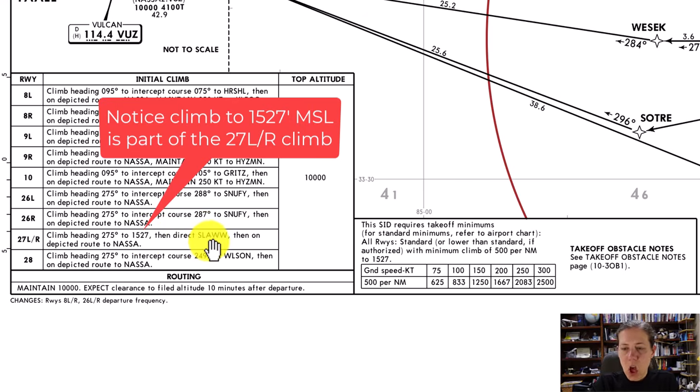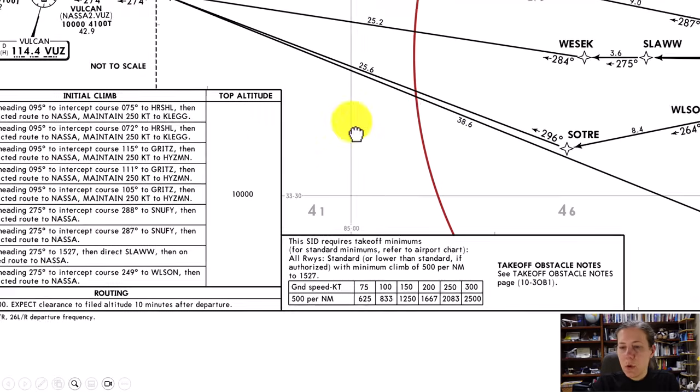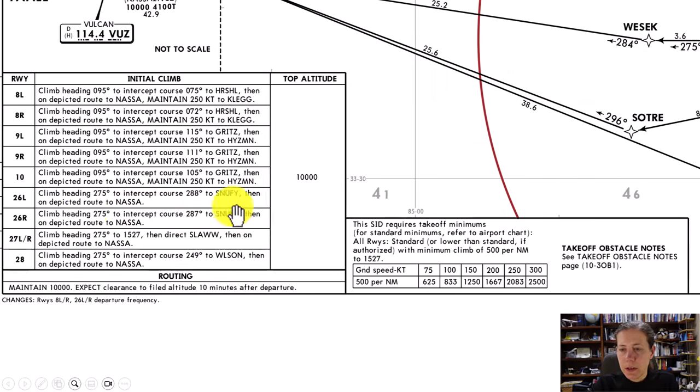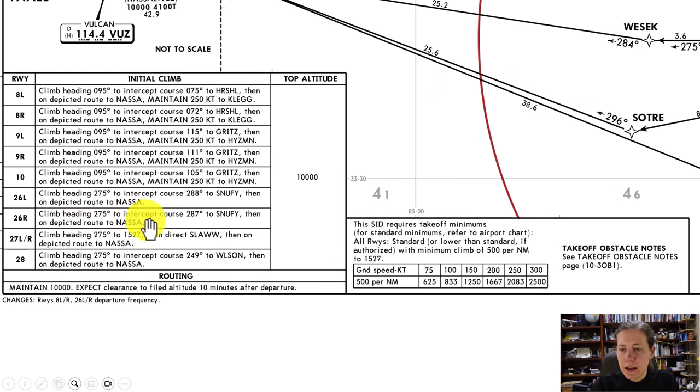Then direct SLAW, then on your depicted route to NASA. Okay, so that is an altitude that you should be going to on the heading of 275. And notice it's underlined. You're supposed to climb to that altitude, and then you continue to SLAW right there, as you can see, then on your depicted route to NASA. Okay, the whole thing tops out at 10,000 feet.